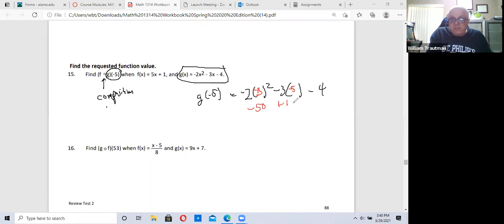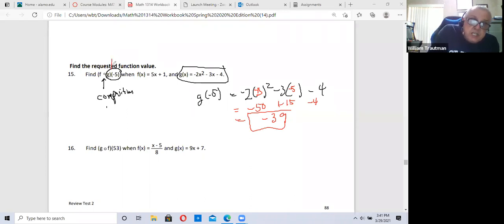This is a positive 15. This is a -4. That's -35. So when I do this math, I get a -39.